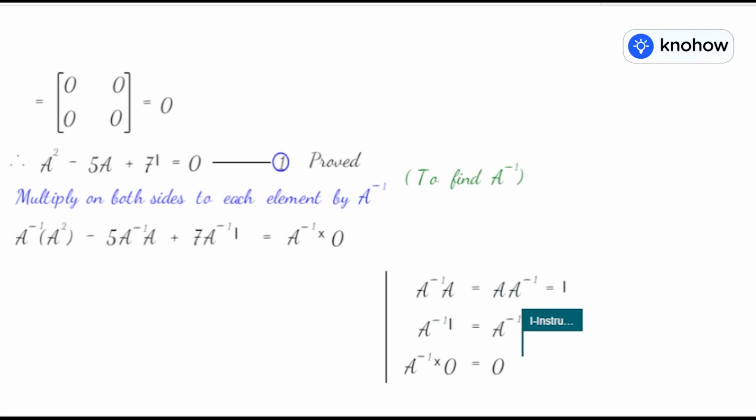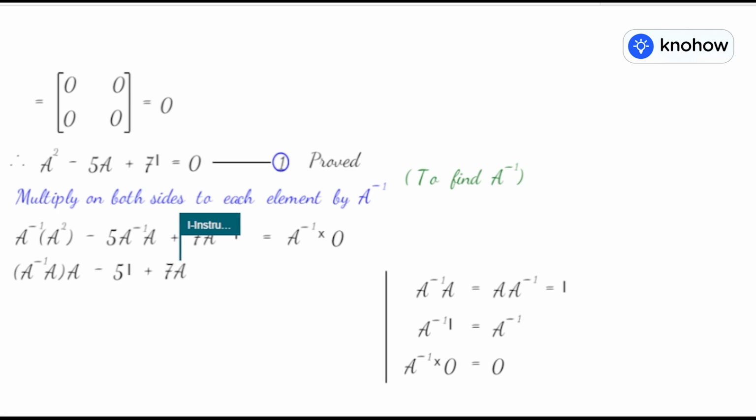So you get on the left A inverse, this A square may be written as A into A. So here I will take one more step. Minus 5 times A inverse into A is identity element. A inverse into identity element will be 7 times A inverse.